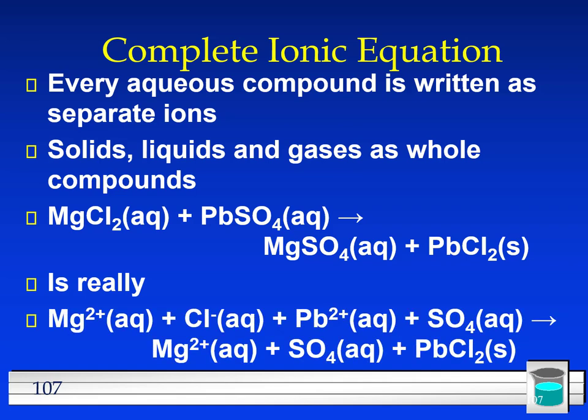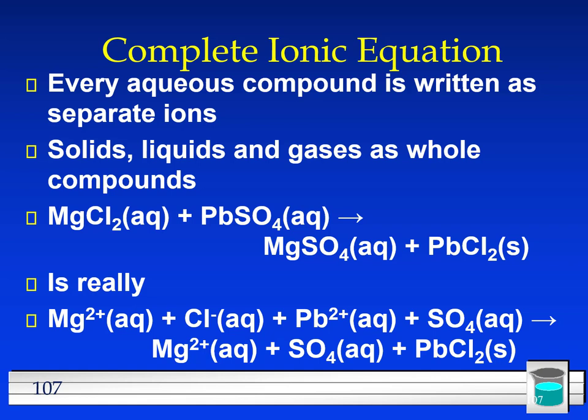You have Mg2 plus and Cl minus. You don't have PbSO4, you have Pb2 plus and SO4 2 minus. You don't have MgSO4. You have Mg2 plus and SO4 2 minus. And you don't have PbCl. You do have PbCl2 because it's a solid. Solids don't fall apart.